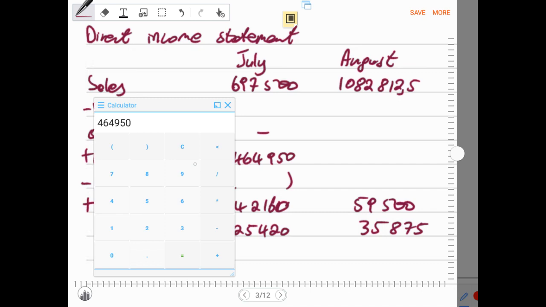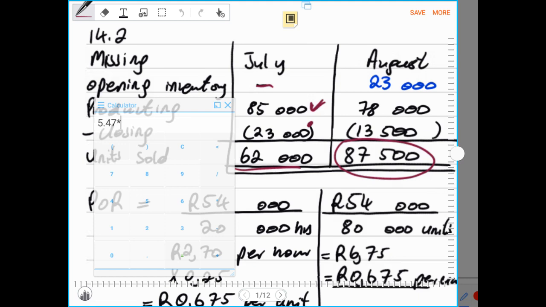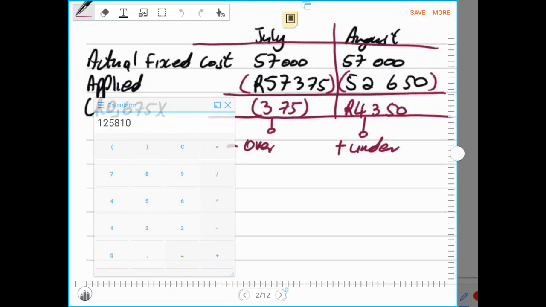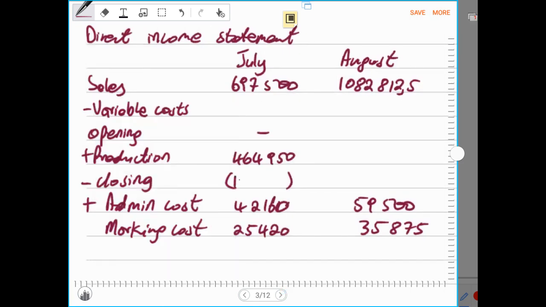Then for our closing, it will be 5.47 times by our closing inventory for the month of August, which was 23,000. So now 23,000 will be the closing, meaning 125,810.